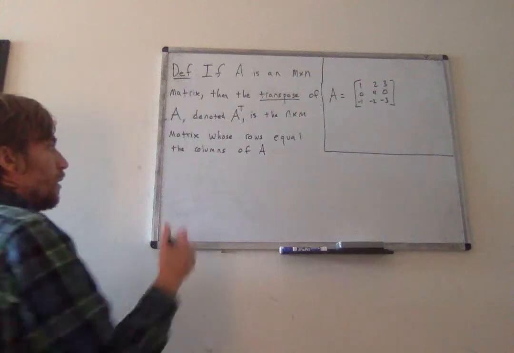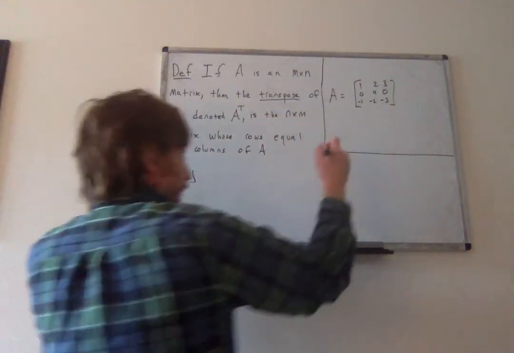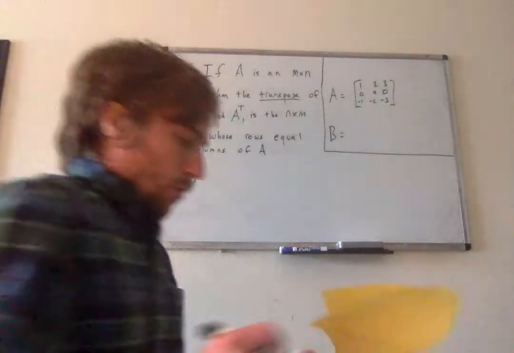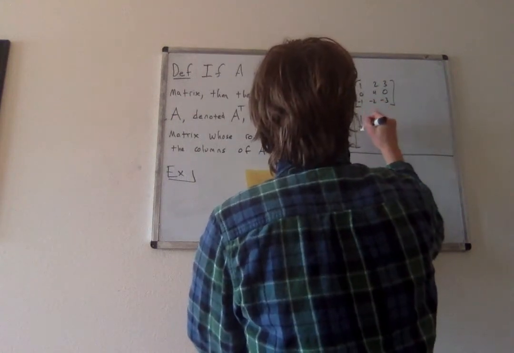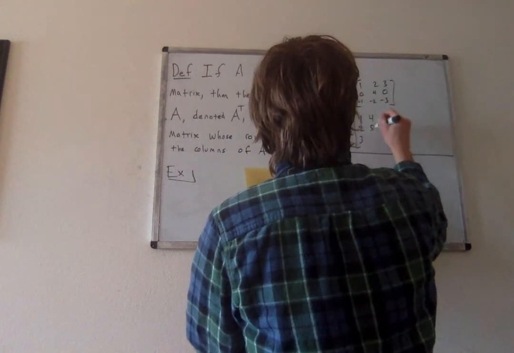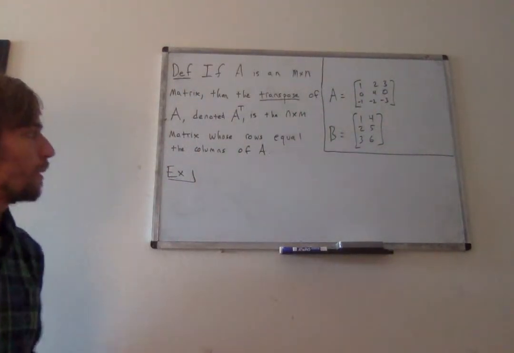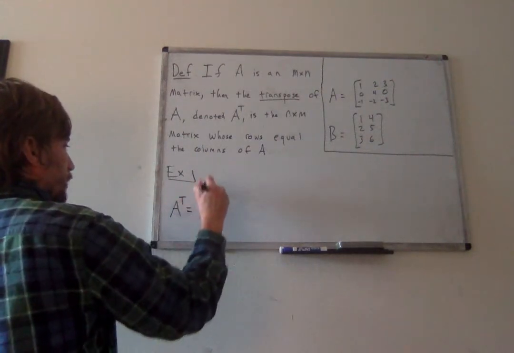So we'll give a couple examples here using these two matrices, A and B, which I'll fill in right now. Very original: 1, 2, 3, 4, 5, 6. All right, so A transpose. How do we find it?